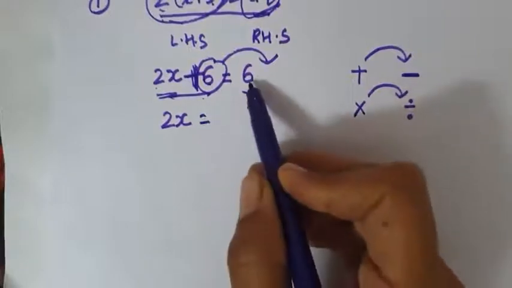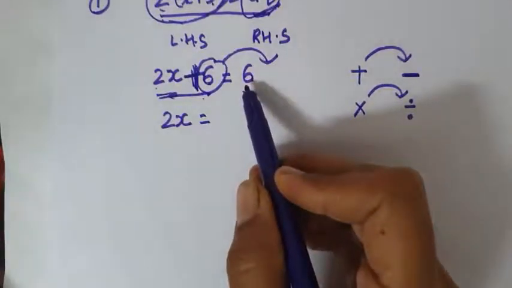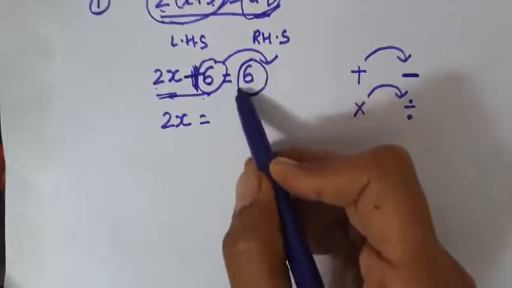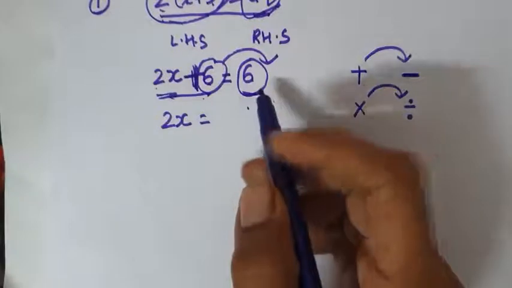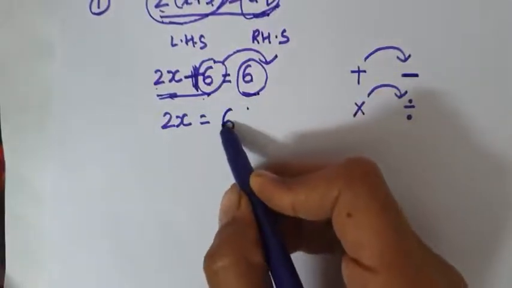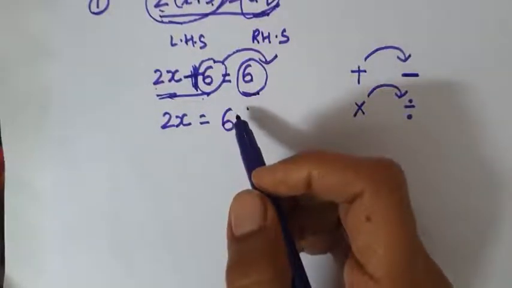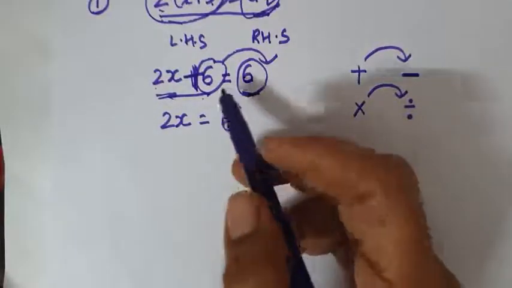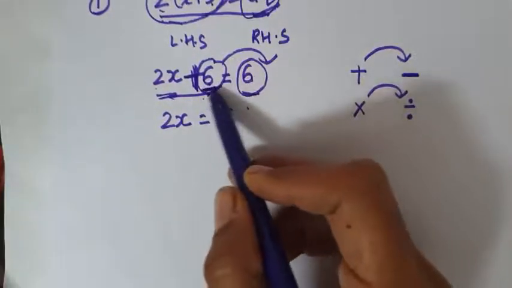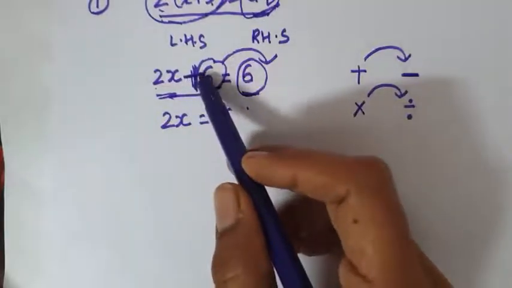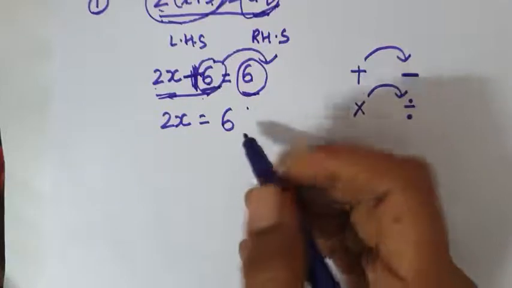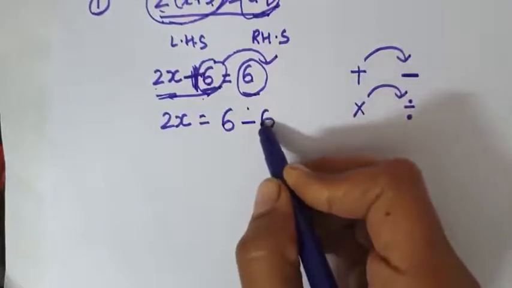What we get? First of all, students, write that number which is already present on the right hand side, that is 6. Now write the number which is shifted, that is this 6, which is getting added over here, and on shifting it will get subtracted.